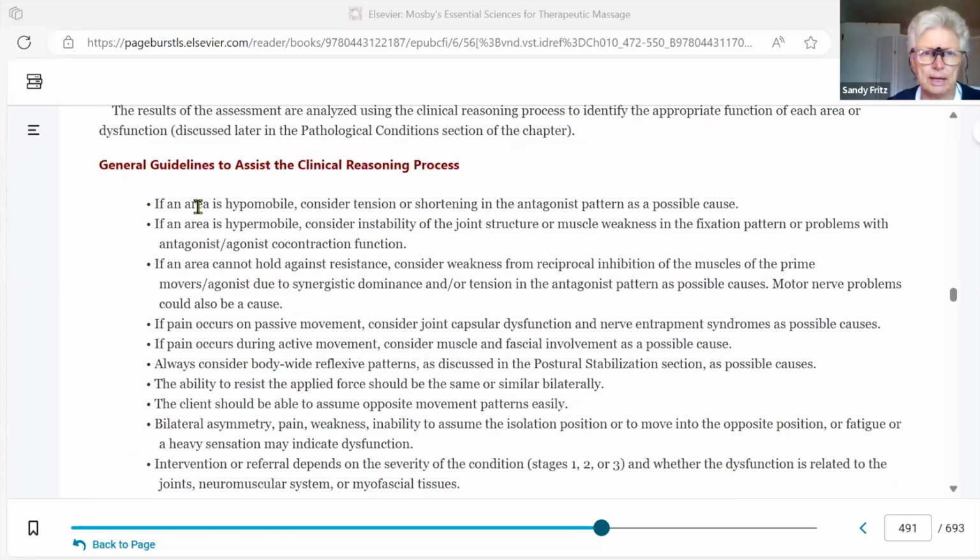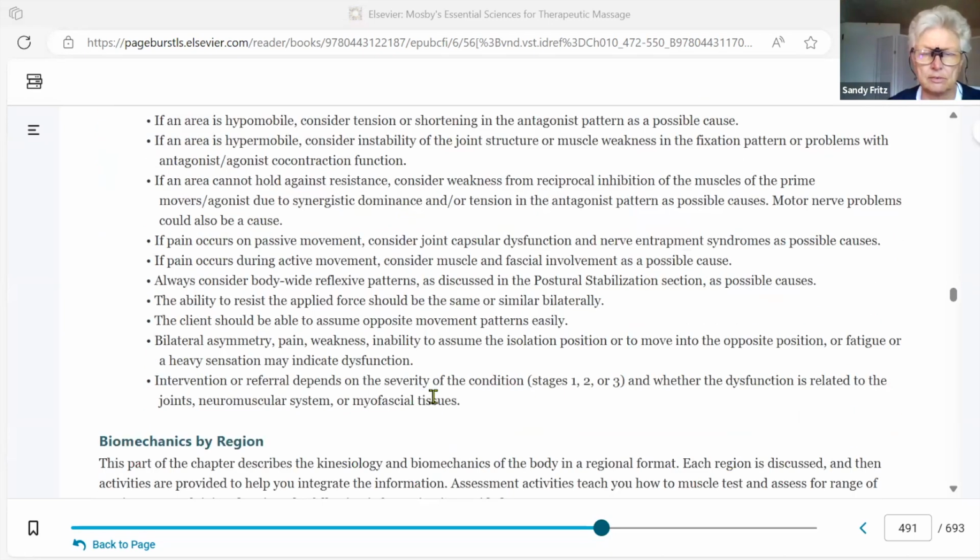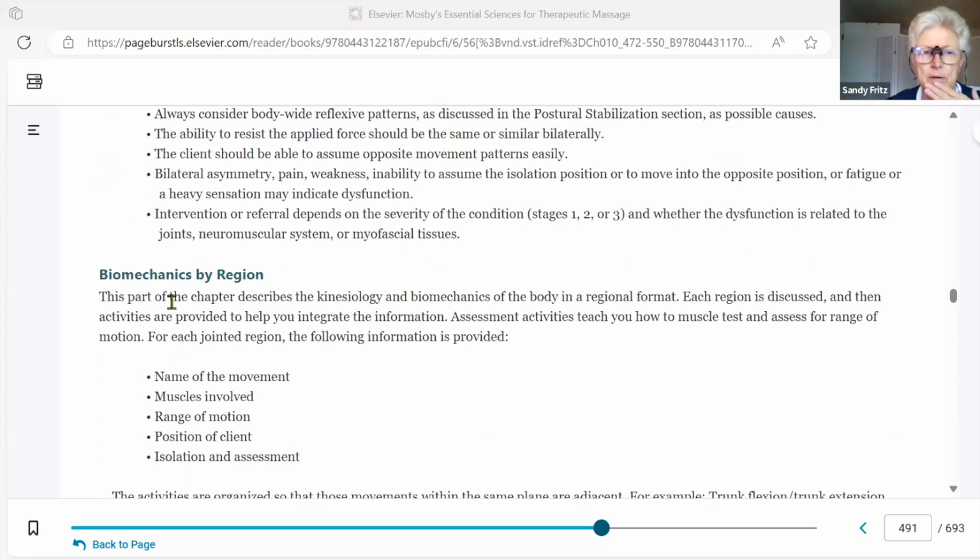Here are some general guidelines. And you're going to want to slow down and process. This will help you with the critical thinking process. And then we're going to get into the areas by region.